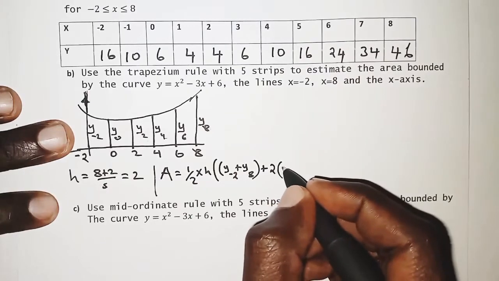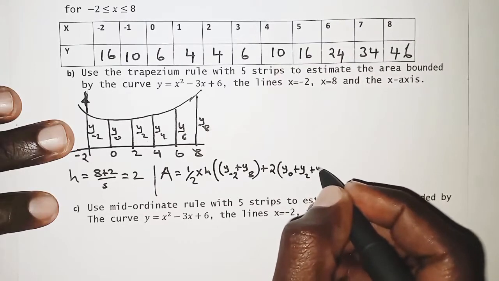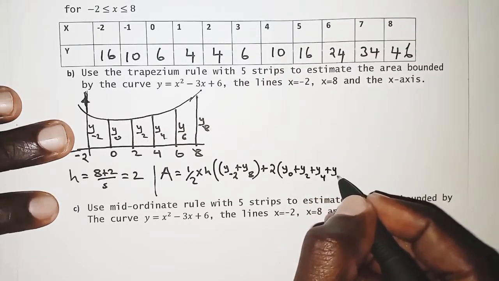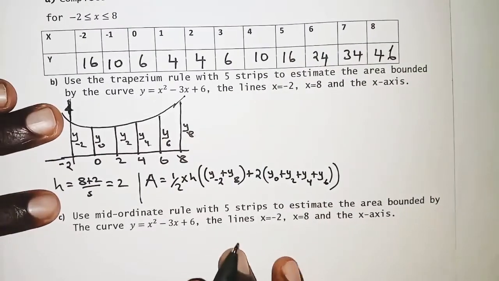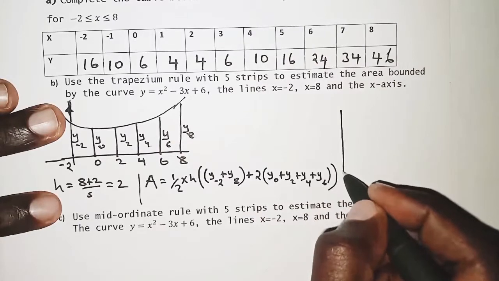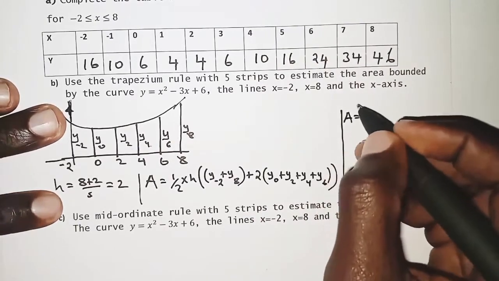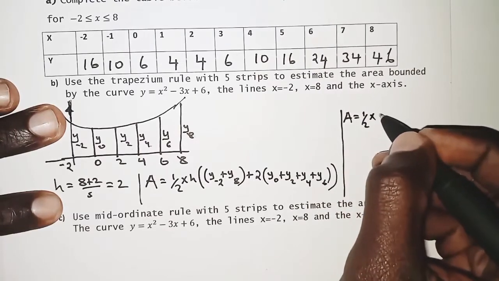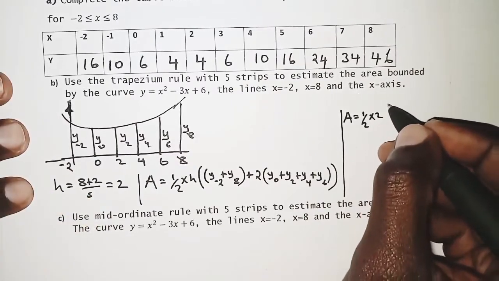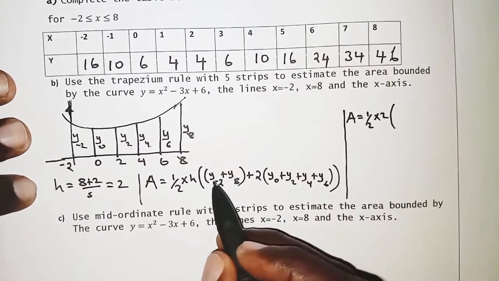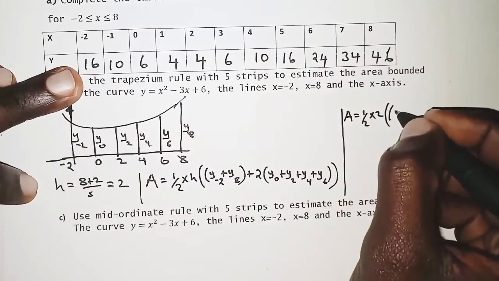So twice y when x is 0 plus y when x is 2 plus y when x is 4, and then finally plus y when x is 6. So doing our substitution correctly, we are simply going to have the area as a half times h, and h we already have as 2, into the first and the last one, that is 16 plus 46.